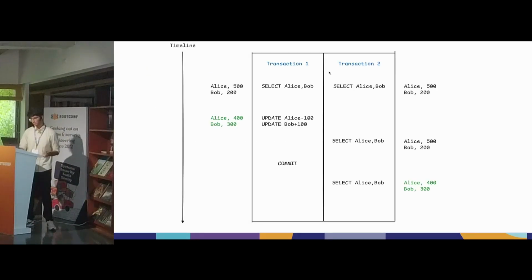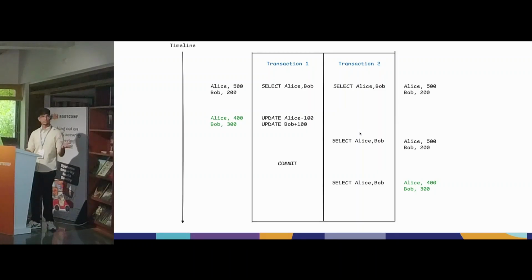In this first example, assume you have two transactions running in parallel or concurrently, transaction 1 and transaction 2. Both transactions see the same data: Alice is 500, Bob is 200. Now, transaction 1 makes the transfer, moving 100 from Alice to Bob. So you would end up with Alice having 400 and Bob having 300.